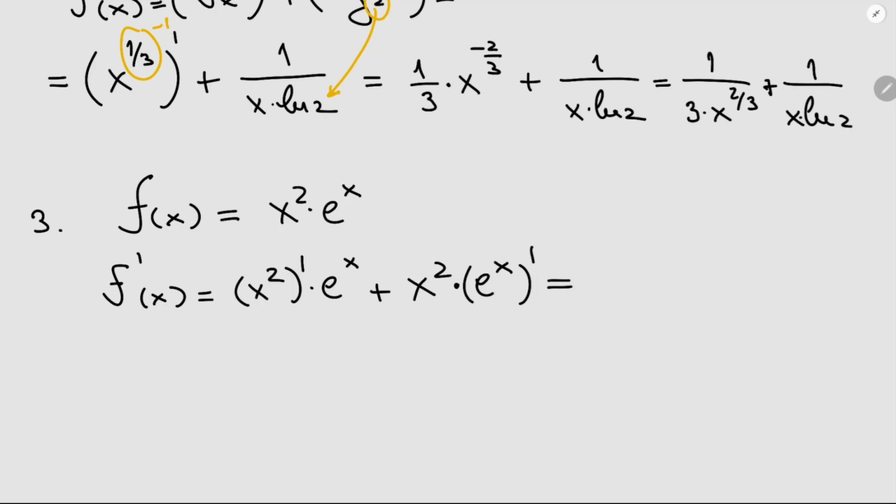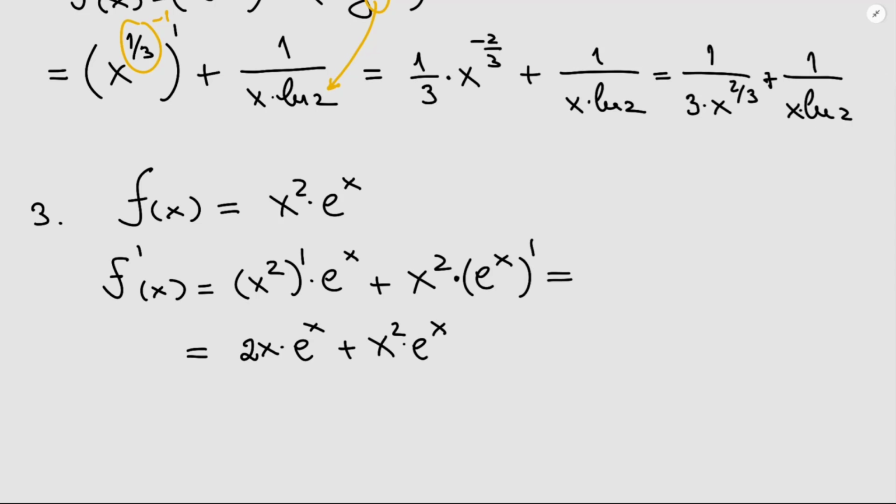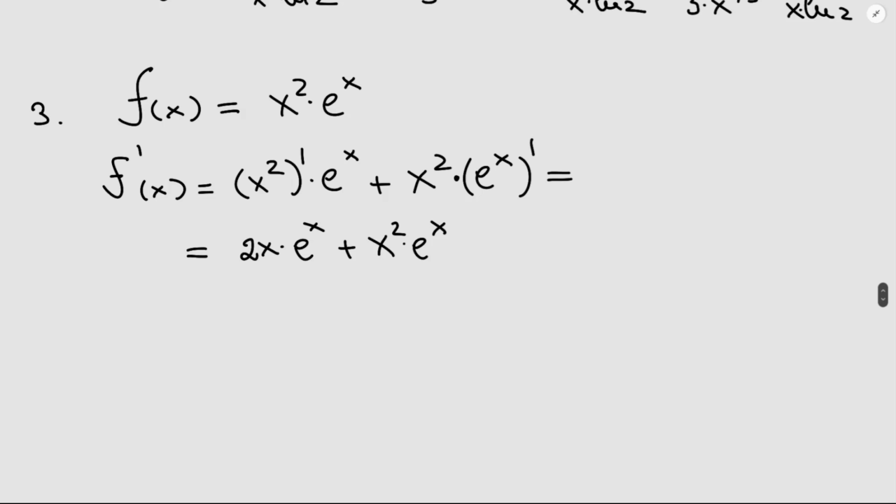And let's see what we get. So this is equal to x squared derived, which is 2x, multiplied by e to the x. And the other term evaluates as just x squared times e to the x, because once again, e to the x derived gives us exactly the same thing. Okay, and we get this function over here.